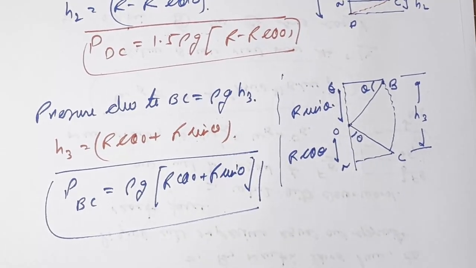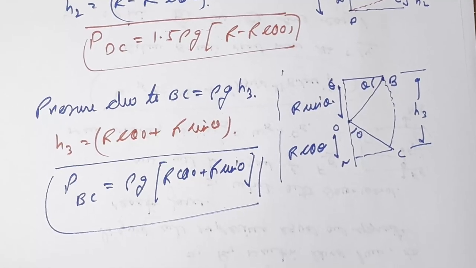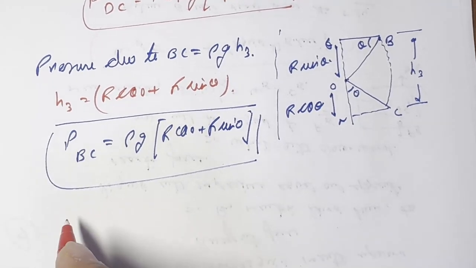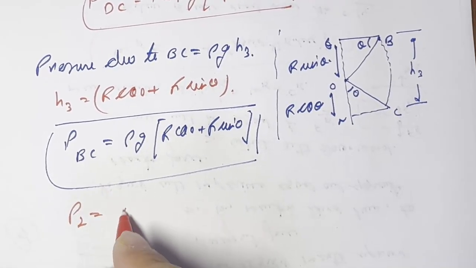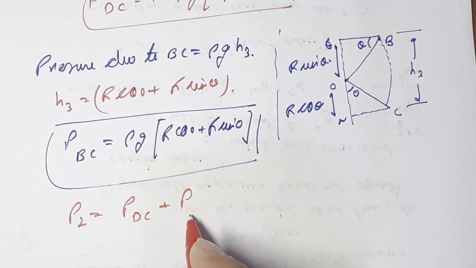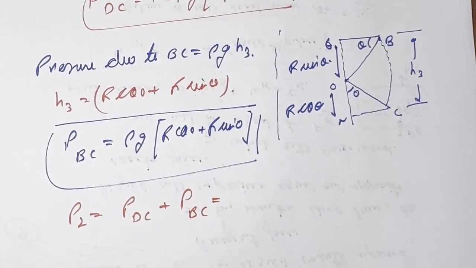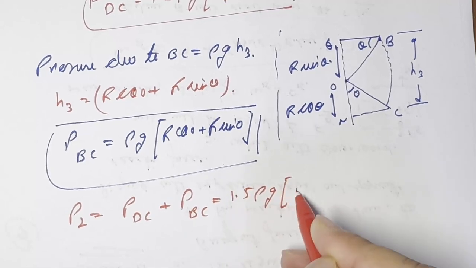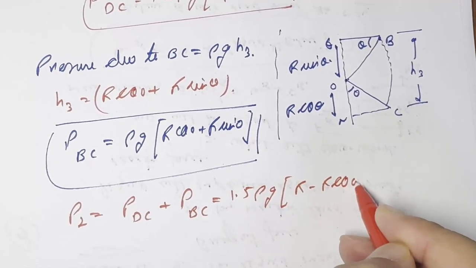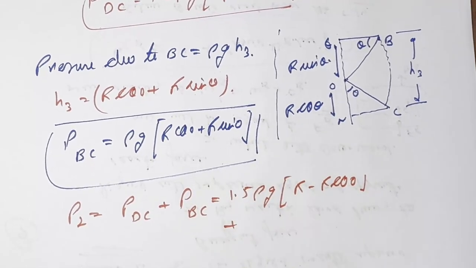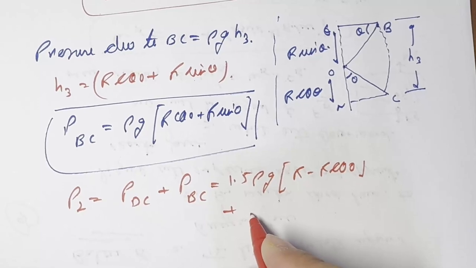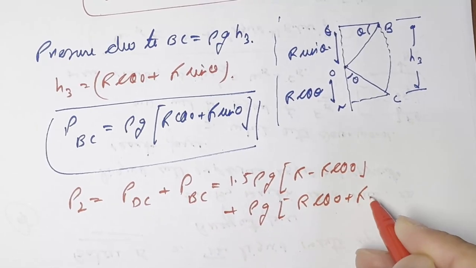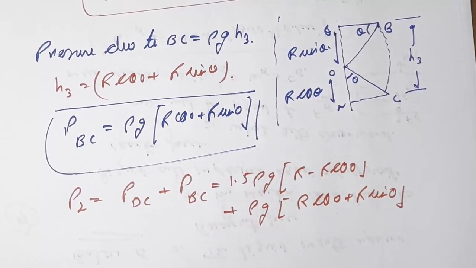So therefore our P2 will be equal to pressure due to DC plus pressure due to BC, and DC is our 1.5 rho G, R minus R cos of theta, plus pressure due to BC, which is rho G, and we have R cos of theta plus R sine of theta.